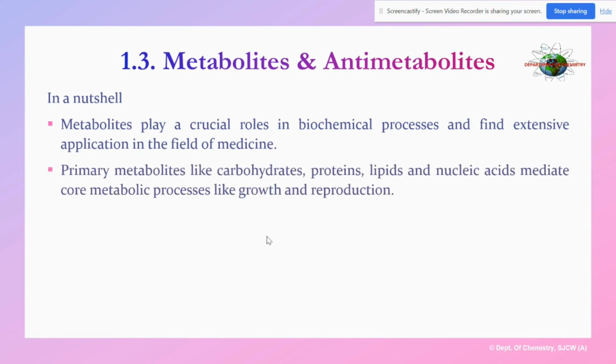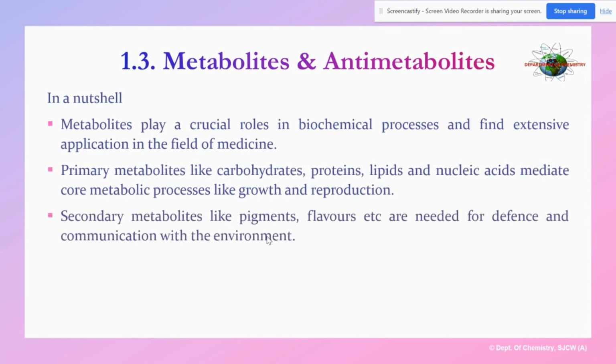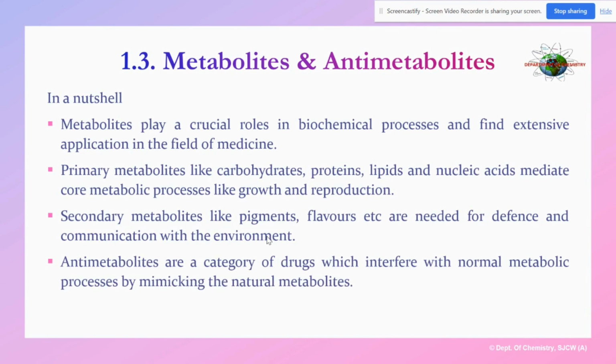Primary metabolites are carbohydrates, proteins, lipids, and nucleic acids. They mediate core metabolic processes like growth and reproduction. Secondary metabolites are pigments, flavors, etc., needed for defense and communication with the environment. Many functions of secondary metabolites are not established even today.